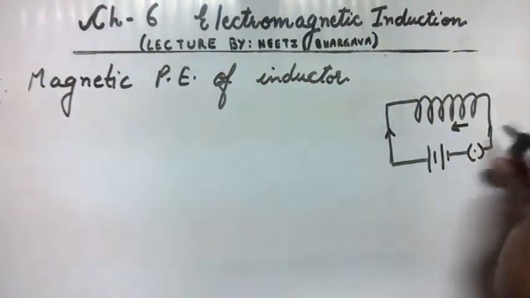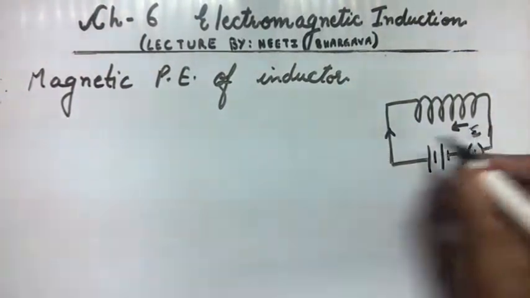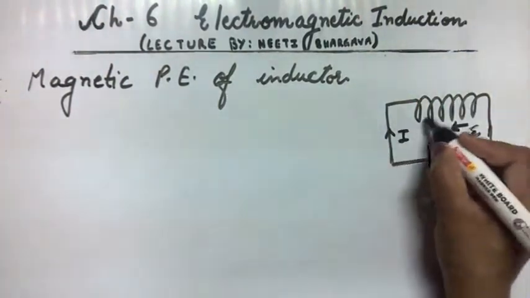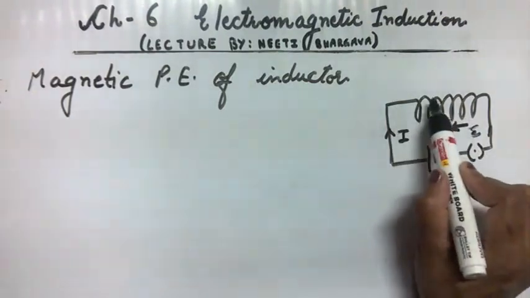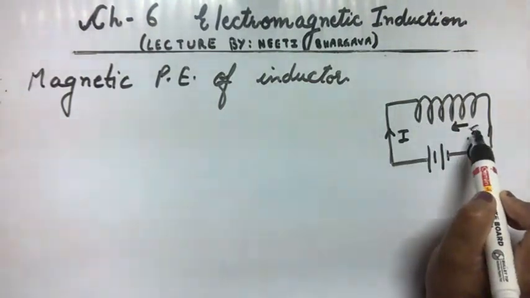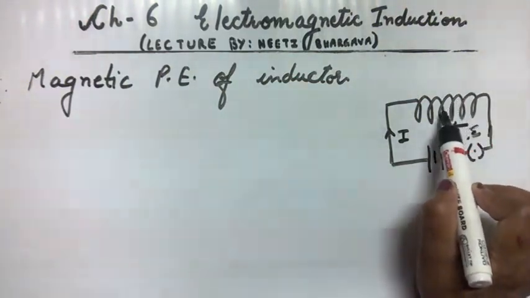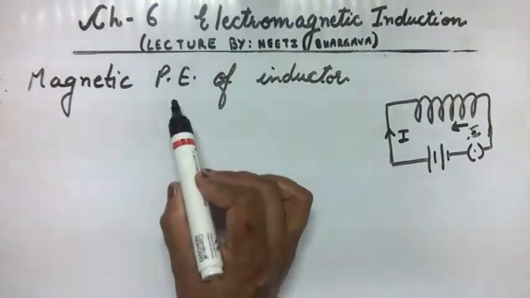Thus, to pass this current through this inductor, the coil has to do some work against this induced or back EMF. So this work done is stored in the form of magnetic potential energy in an inductor.